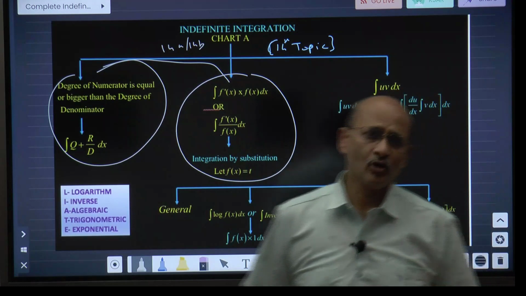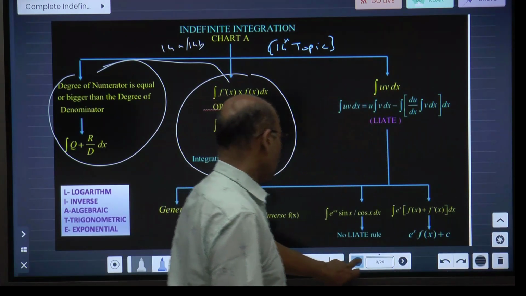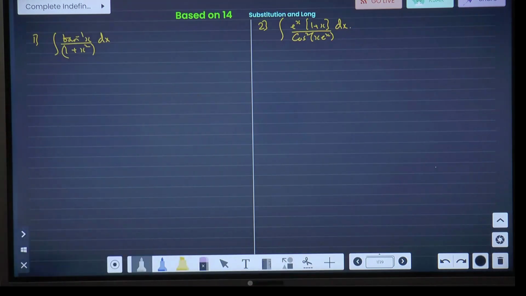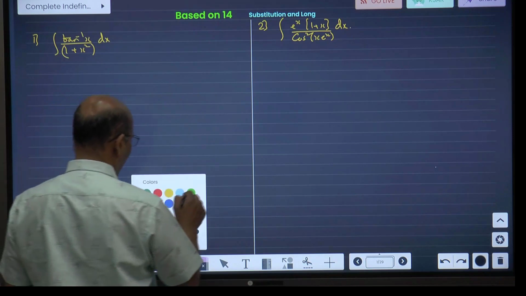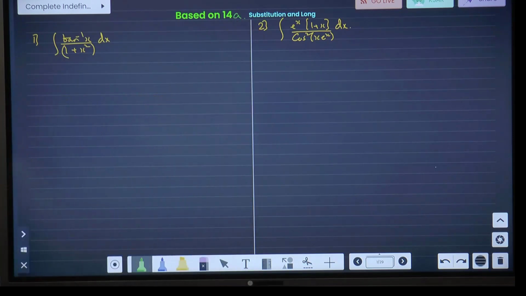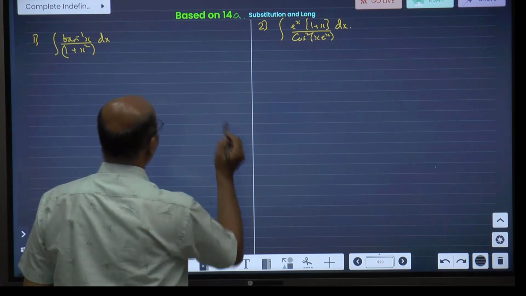So let us see how we go about it with the first question of integration, based on 14A. Now what does this 14A consist of? Just in a short span I will tell you.